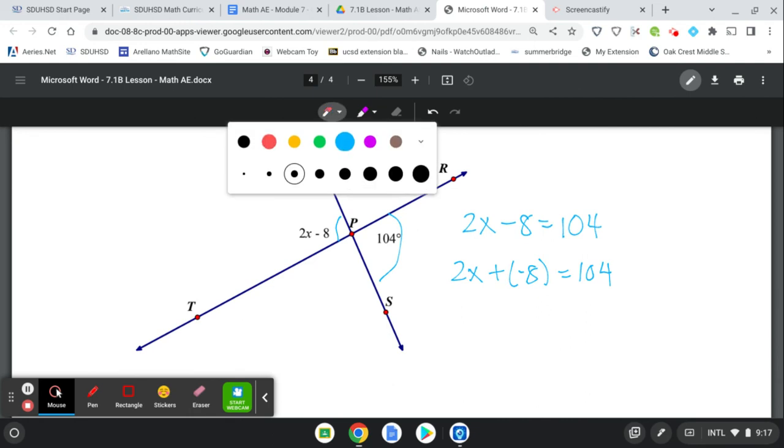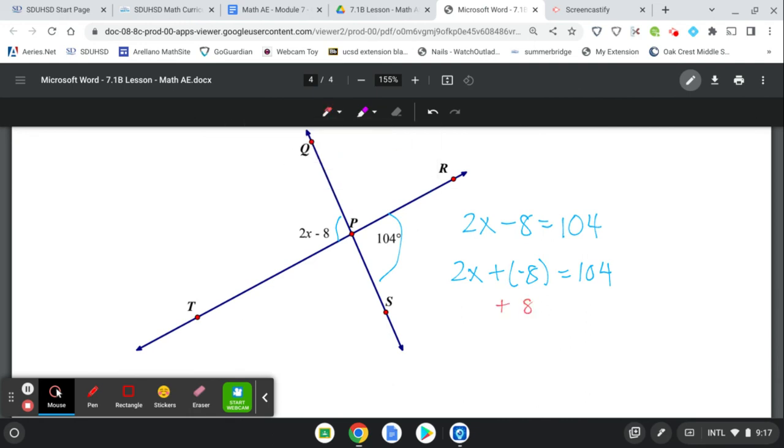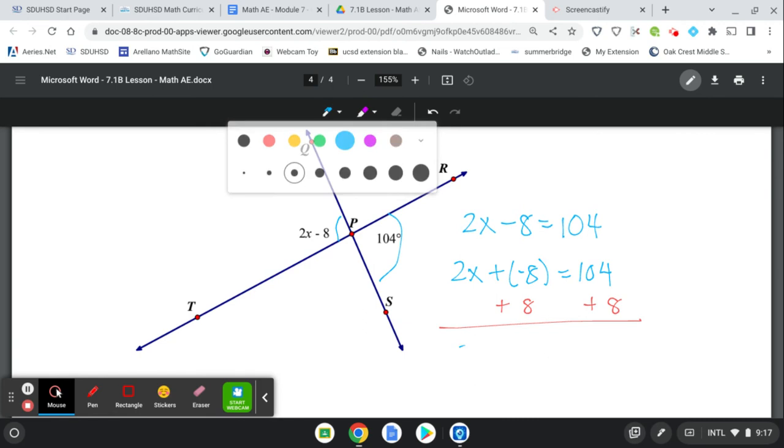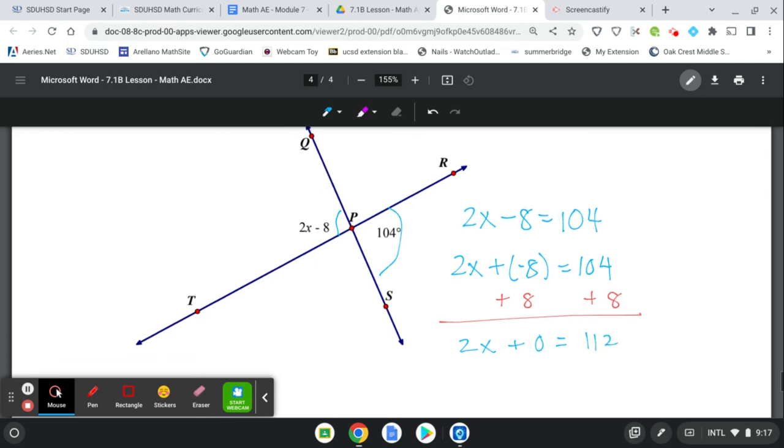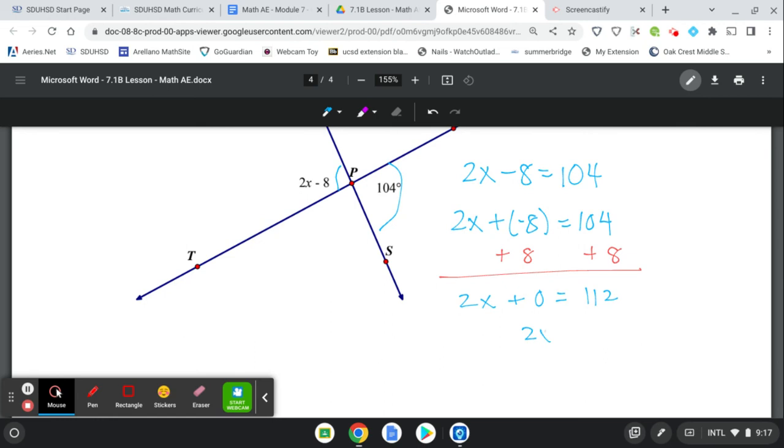Then you add positive 8 to both sides. You get 2x plus 0 equals 104 plus 8, which is 112. So 2x is going to equal 112.